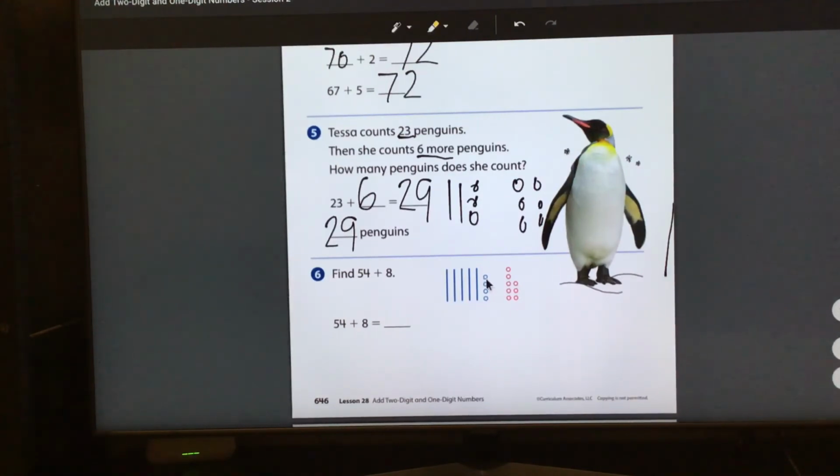How many 1s from the blue do I need to borrow to put into the red to make that a 10? It looks like I have 1, 2 empty spots. So I'm going to X out 2 of the blue, and I'm going to draw the 2 over here to show that I now have another group of 10.